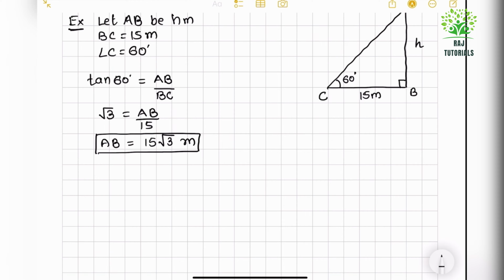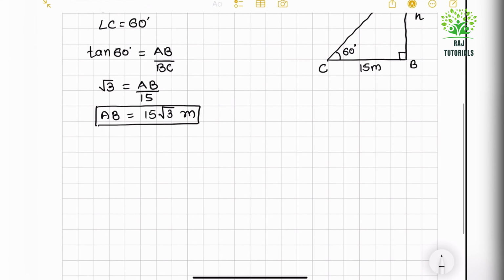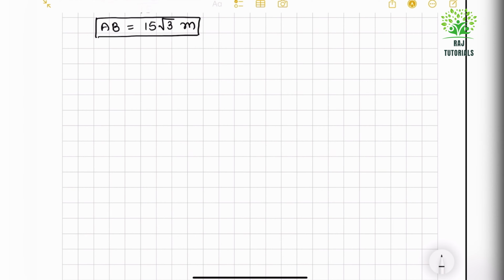Now let us consider one more pattern of sum, where one situation is this and the other situation comes when the observer is standing and watching from some height. Now let us take one example related to that also.